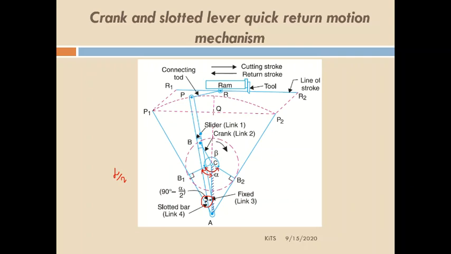This angle is 90 degree. So what should be the value of this angle? In the triangle ACB1, what could be the total degree? The total degree is 180. So this side is 90 degree, and this side is alpha by 2.